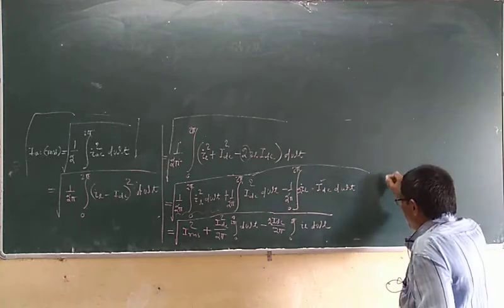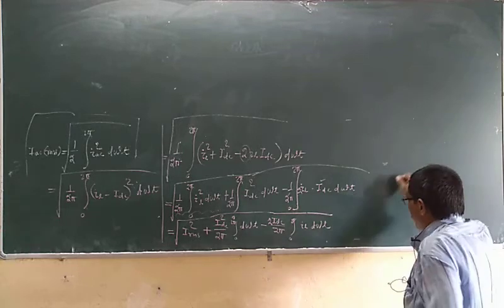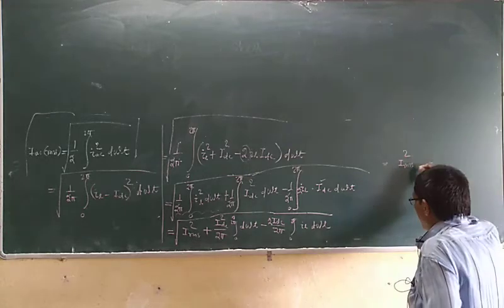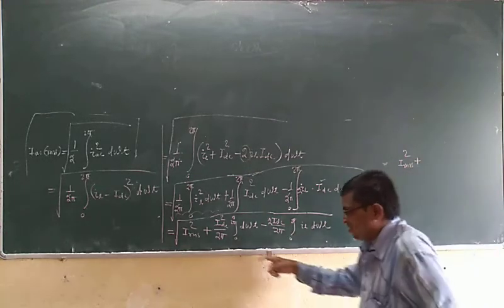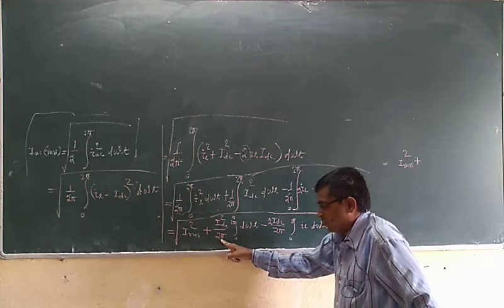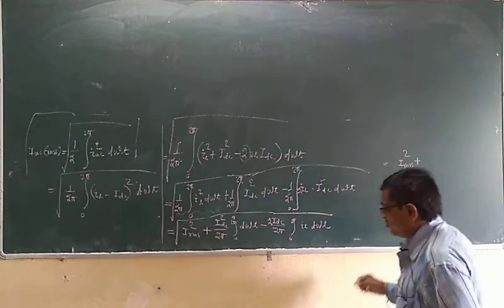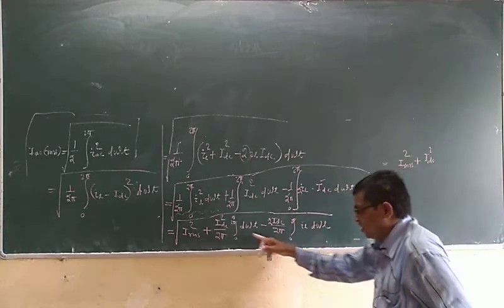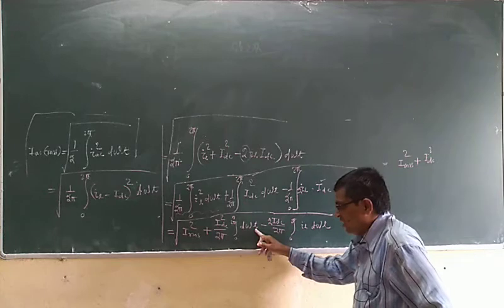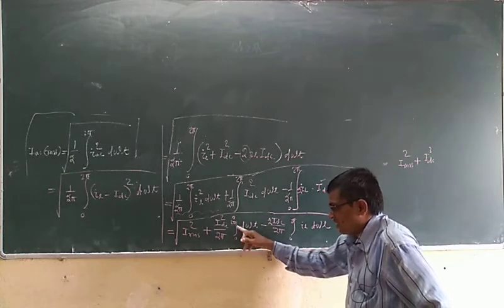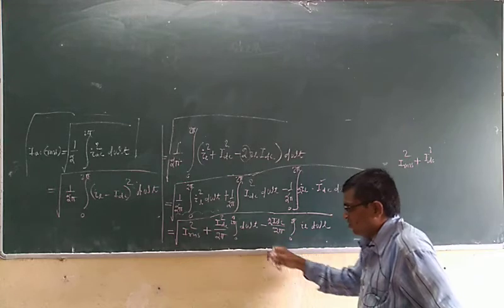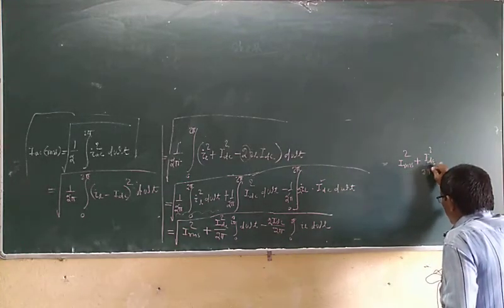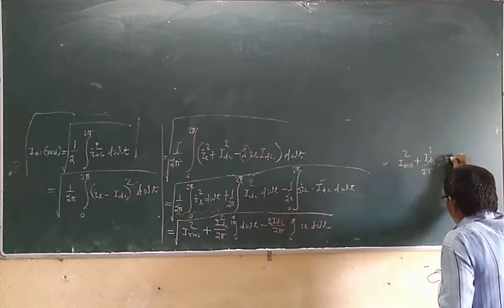That is equal to IRMS square plus IDC square upon 2 pi, and d omega t integrated from 0 to 2 pi gives 2 pi minus 0.